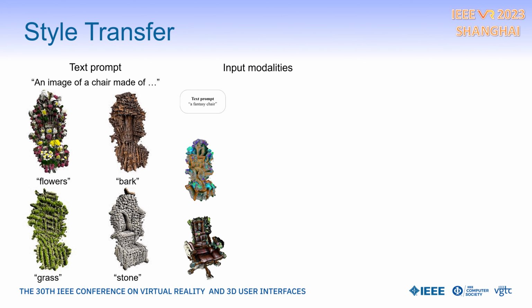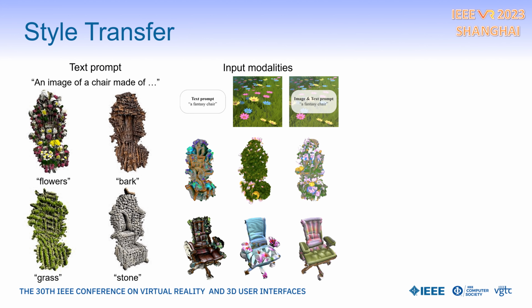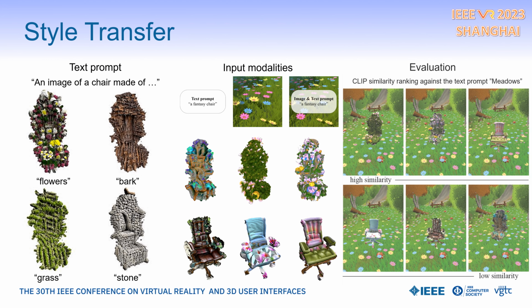Besides the text prompt describing a fitting material or genre, the target style can also be defined by an image, displaying a specific part of the VR scene, or a combined target modality of both text and image. We evaluate how well the stylized meshes fit into the VR scene by computing the CLIP cosine similarities of the renderings against the text prompt describing the VR scene, in this case the descriptive name Meadows.